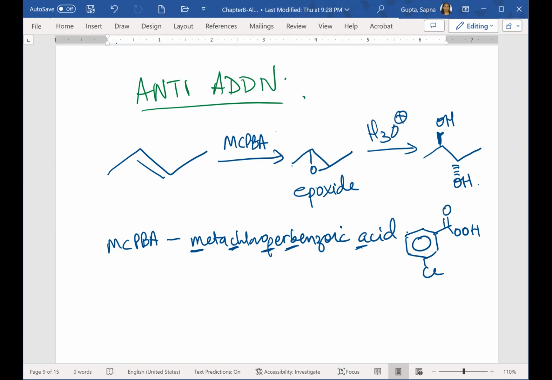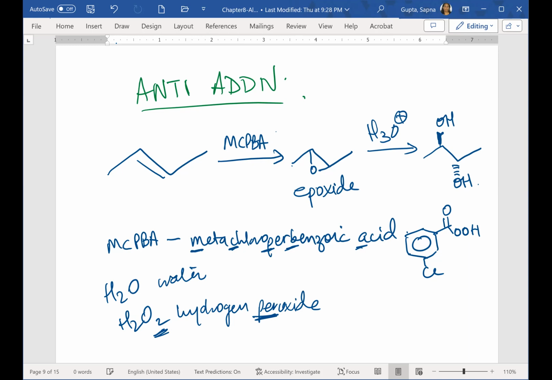Per means many, okay? Just like you have water, and then you have H2O2. This is just water, but this is hydrogen peroxide. Per meaning many, the maximum amount possible. That's what happens with the perbenzoic acid also.